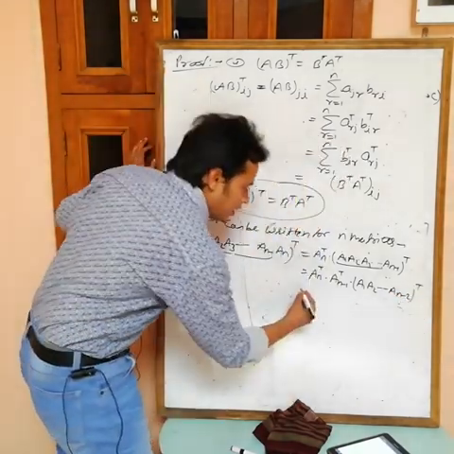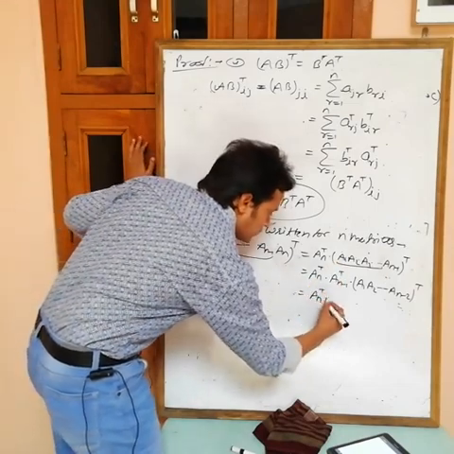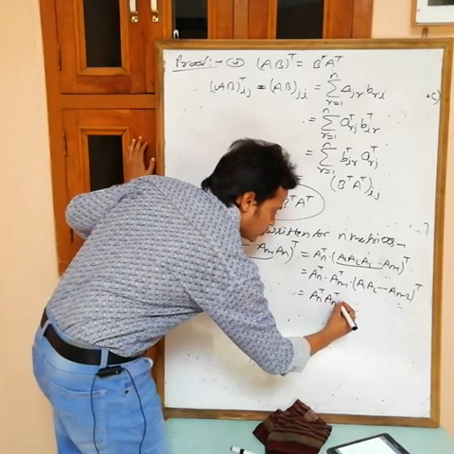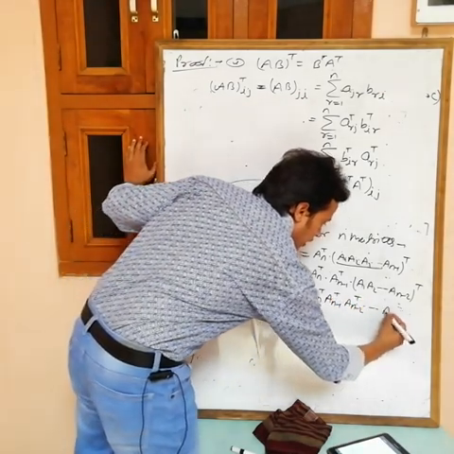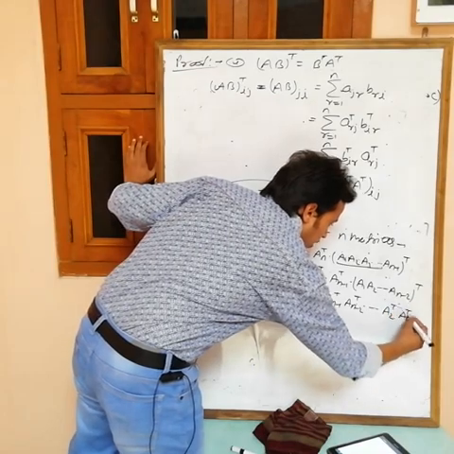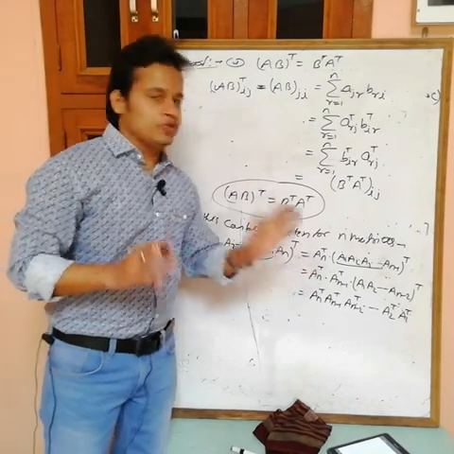So at the end, if you move like this, you will get An transpose into An minus 1 transpose, An minus 2 transpose, and at the end A2 transpose into A1 transpose. So this is also equal to the original.